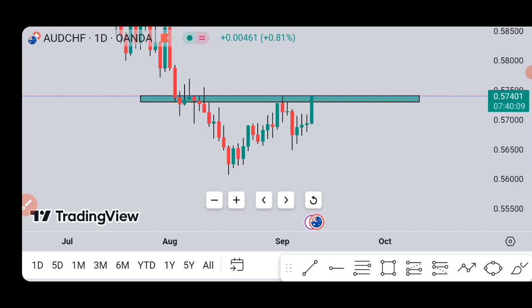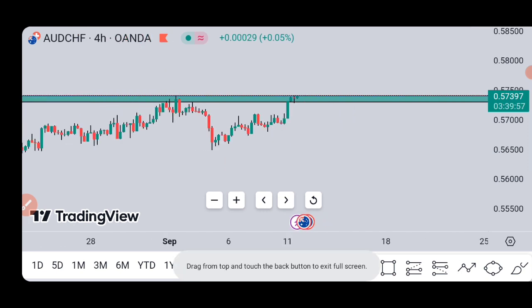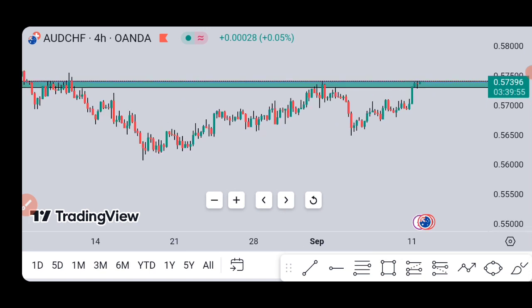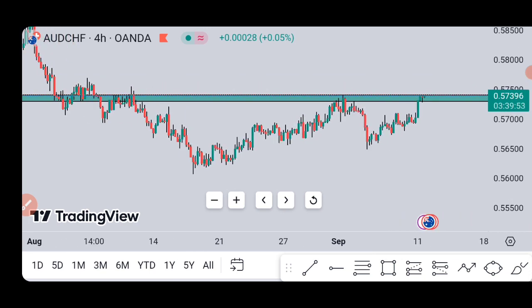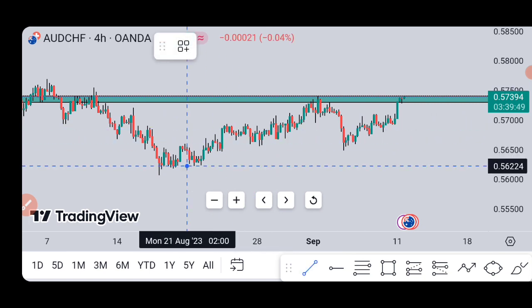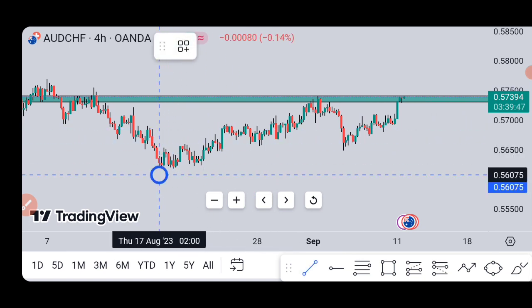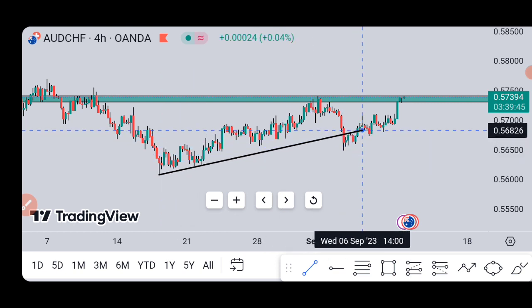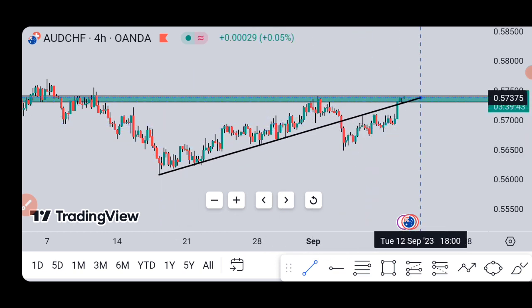So if I scale down to the 4-hour chart, I entered my trade on the 4-hour time frame. This is the CTL that made me jump into this trade.